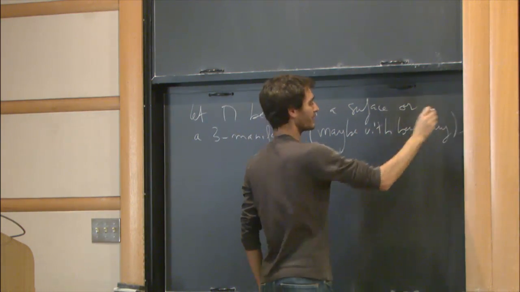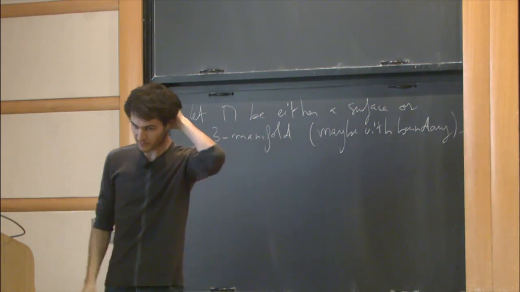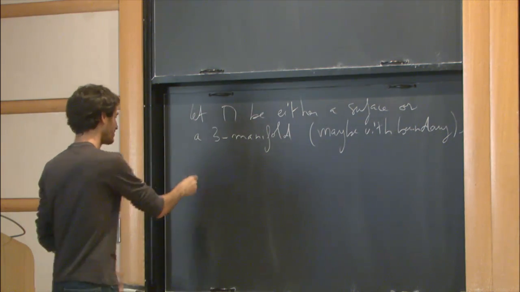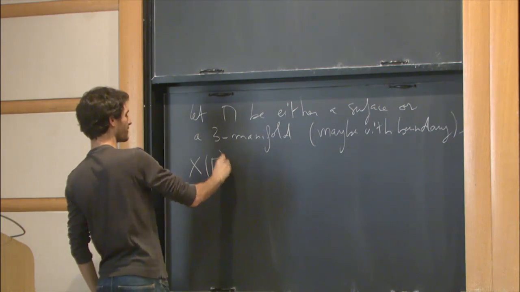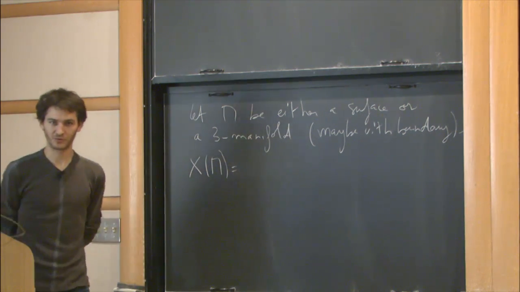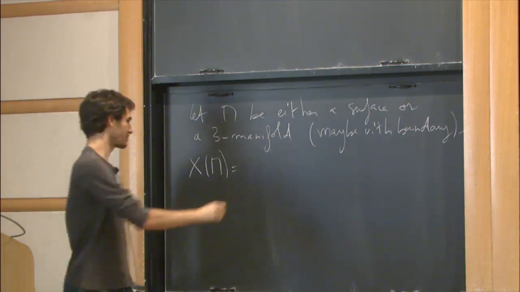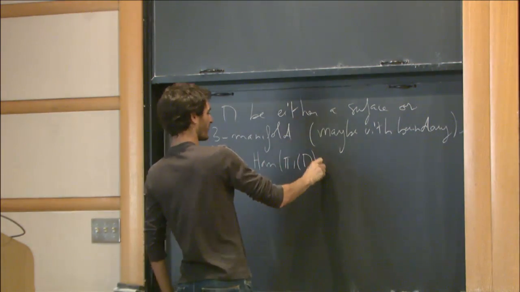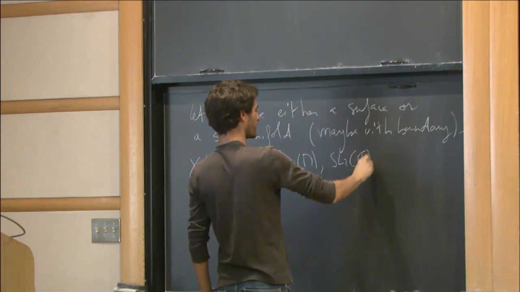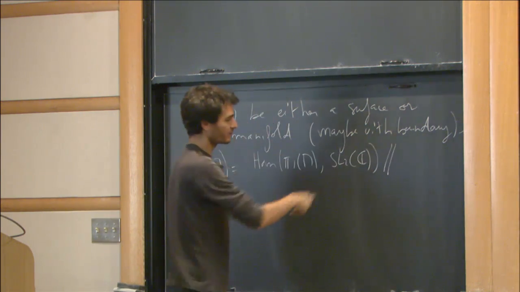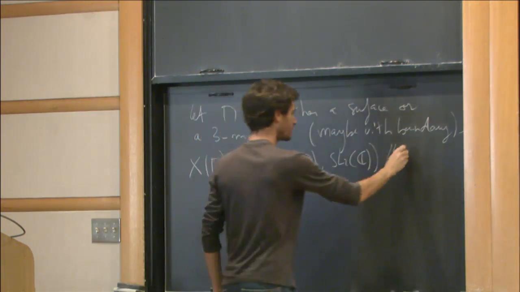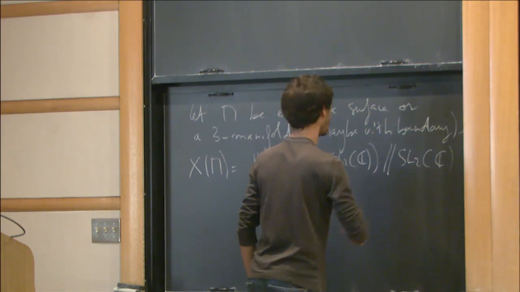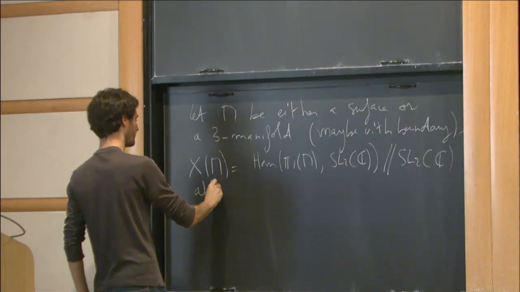The character variety has already been introduced by Mark Keller this morning, but let me just remind you that X of M, I will try to use the same notation, is the set of all representations of pi1 of M into SL2C divided with 2 slashes by SL2C. This is the algebraic quotient, and this is an affine variety.